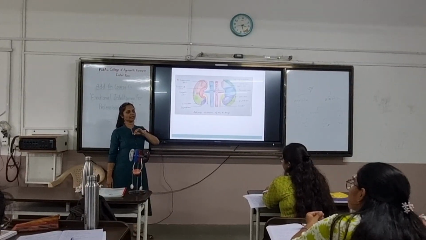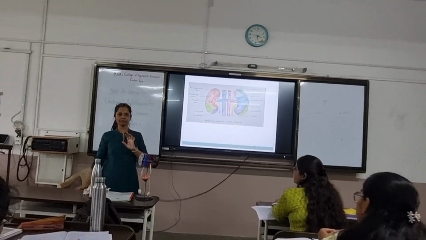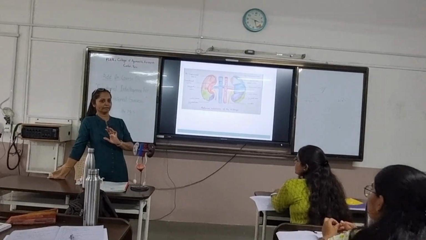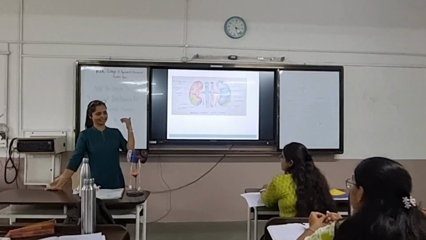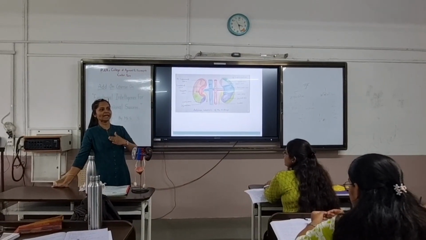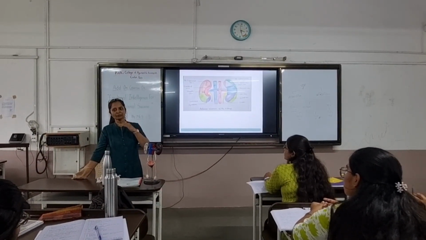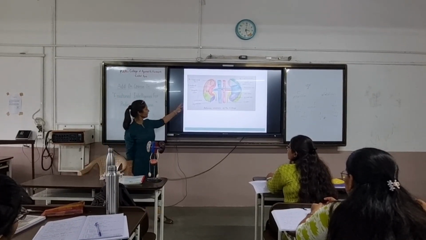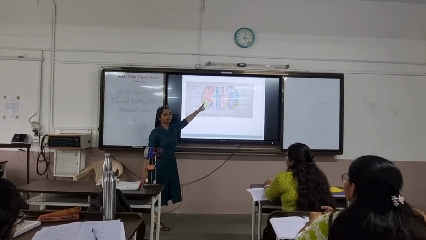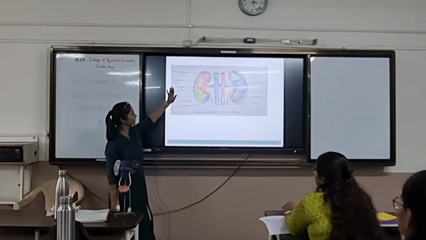The right iliac fossa, it unites with the cecum, and the ileocecal junction is formed. The right iliac fossa will contain the cecum, and from there the large intestine starts. The large intestine will ascend, and the ascending colon is formed. Now this large intestine will take a bend on the right side, and it will form the right hepatic flexure. So the colic impression comes on the anterior side of the right kidney.